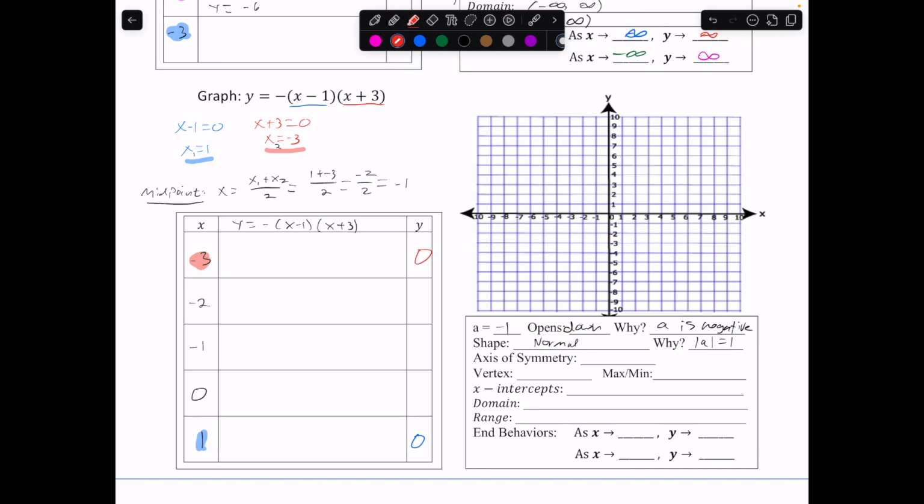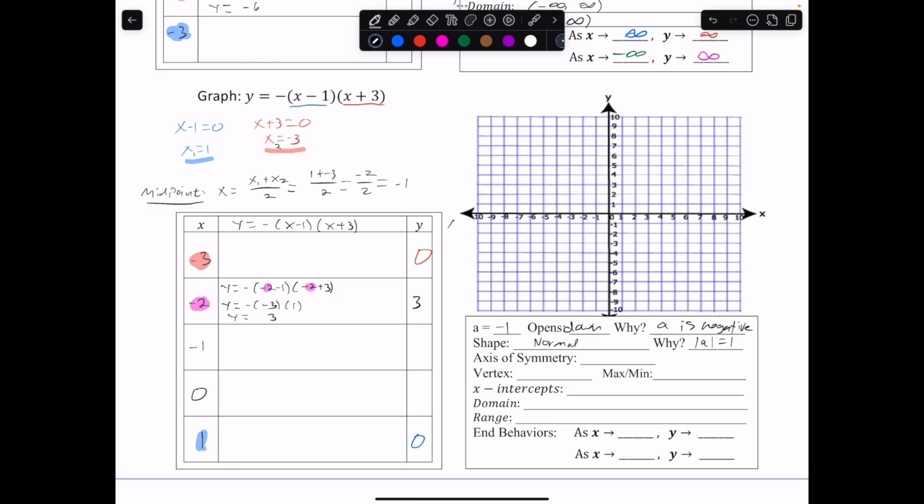So let's plug in -2. So y is equal to negative parentheses -2 minus 1 times -2 plus 3. So y is equal to negative, and this is -3 times 1. Negative -3 is +3 times 1 is +3.